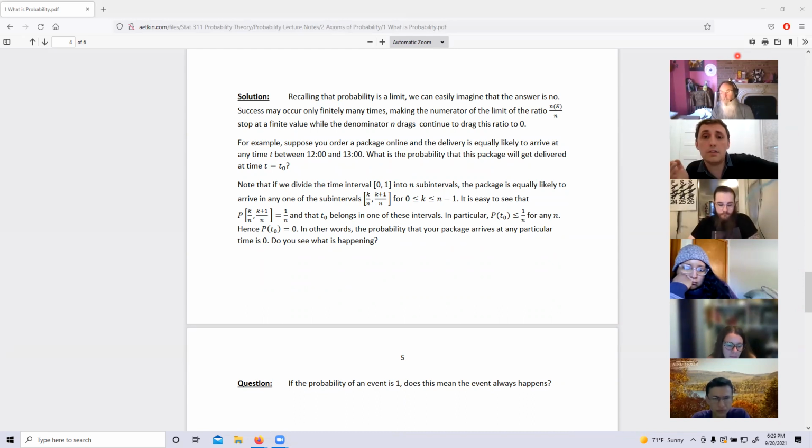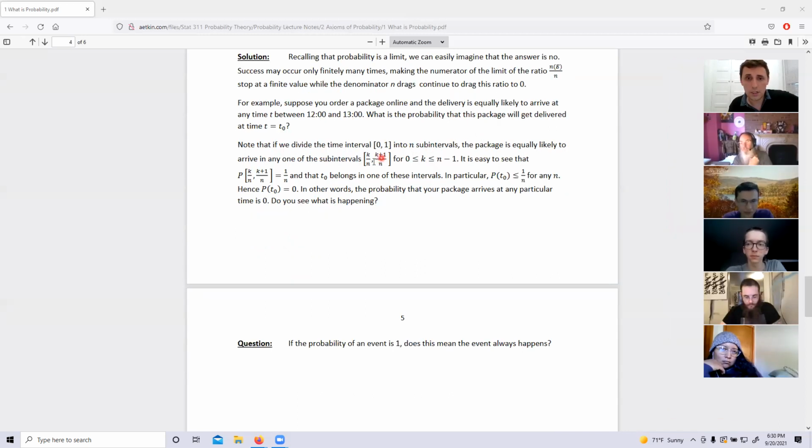If I divide the interval into 100 pieces, each piece is equally likely as any other piece of time. Each 100th segment of time is equally likely to occur as any other segment of time. You follow what I mean? In other words, in each of those segments of time, the delivery person is equally likely to bring the delivery package.